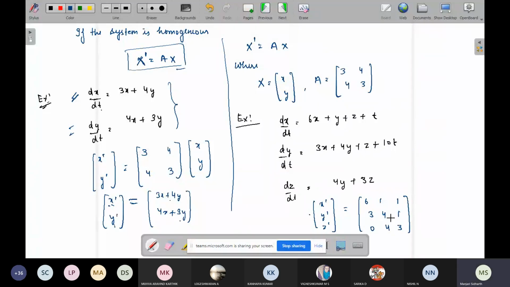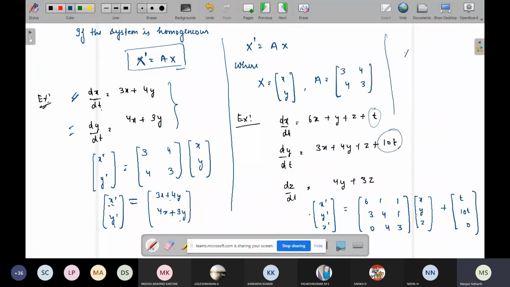Now what some students are doing, they are adding this t, tan t in here. But here it is the coefficient matrix of x, y, z, the dependent variables. So you cannot add the non-homogeneous part. Then you can write t, tan t, 0.